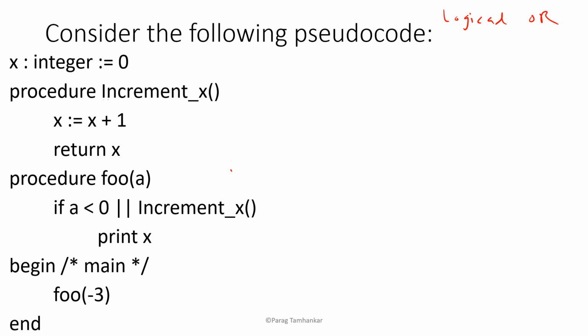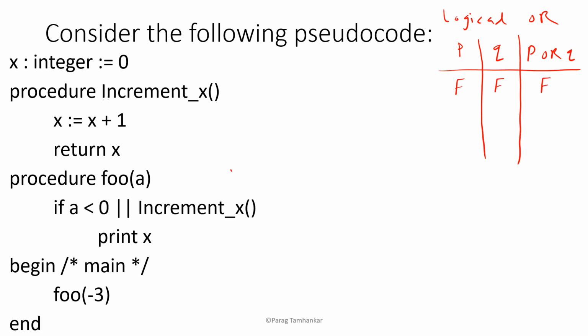For logical OR operator, if two inputs are given to us, like say P and Q, if both inputs are false, then P or Q will also return false.